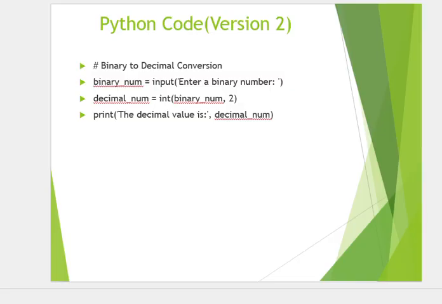This is very common, you know how to go with the input command. We took the input, and it is going to take this number as string type. Then since input is a string, we pass it to the int function with base 2.